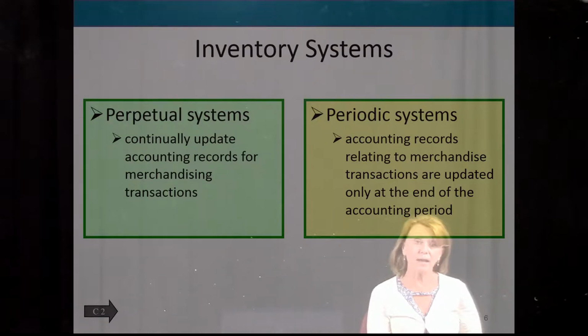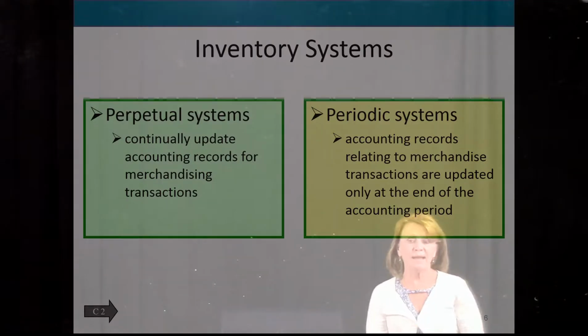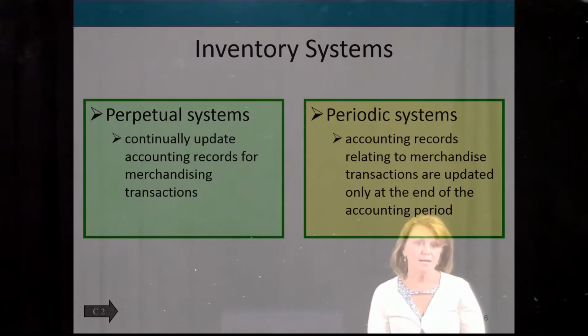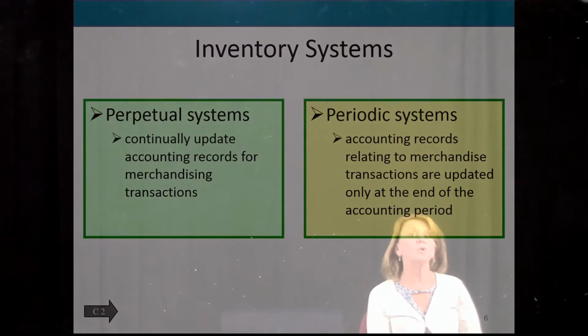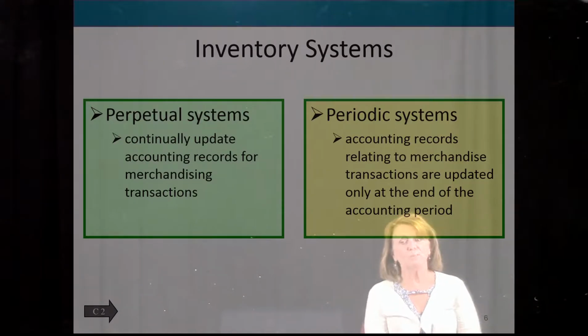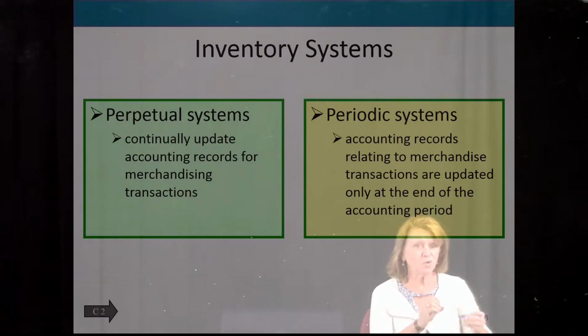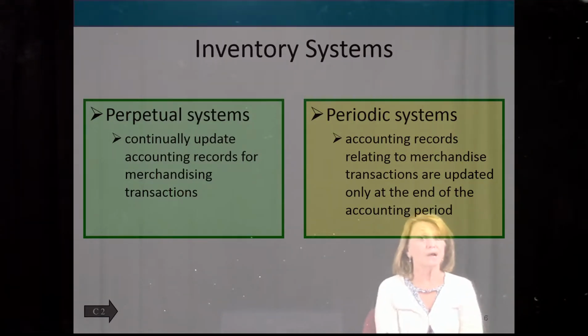If there's a periodic system, which everyone used to be, accounting records are updated only at the end of the accounting period. Very few companies use that anymore because you can have an ongoing record of your merchandise. I will tell you that both systems, a perpetual system and a periodic system, almost always do a physical count of inventory at the end of the year to account for shrinkage.